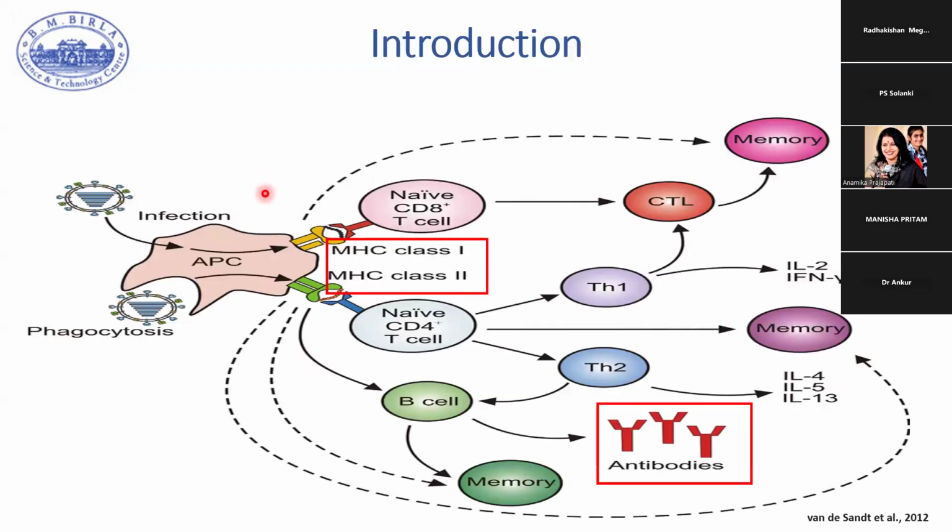So let's start with the introduction part of this session. What happens when an antigen or a foreign particle enters our body? For example, a virus enters our body. This foreign particle or virus is going to interact with the cell receptor of the host APC, the host cell, which could be human or animal.